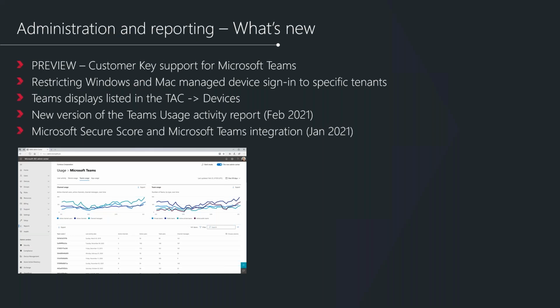That's mainly going to be around things like allowing guest access and having anonymous join switched on in meetings. So all good improvements, again just making the platform better and easier to use. And again, you get notifications about all of these when they become live via the M365 Message Center.